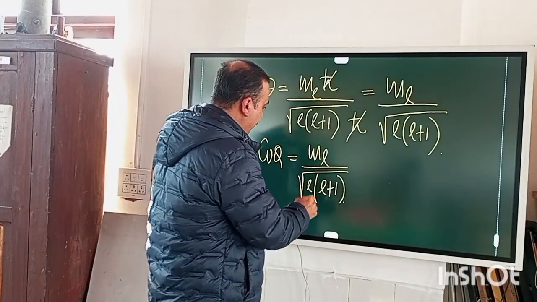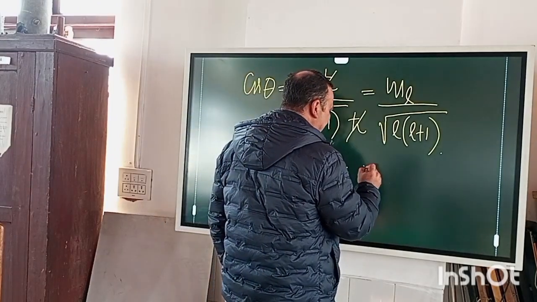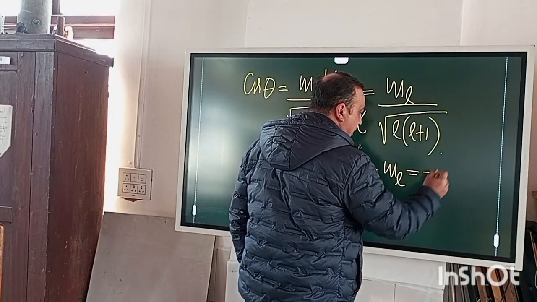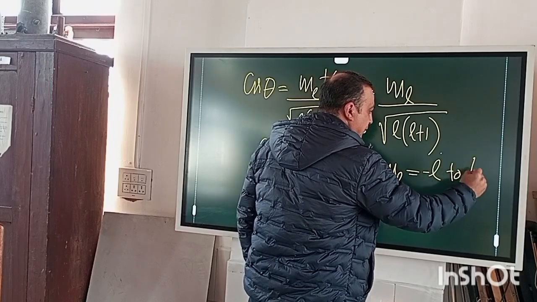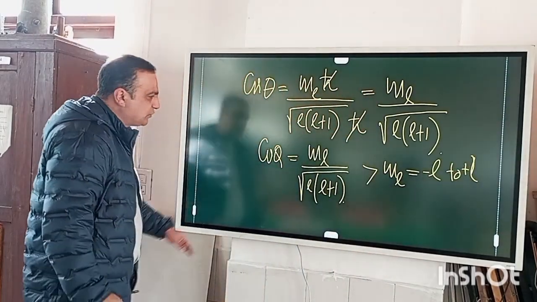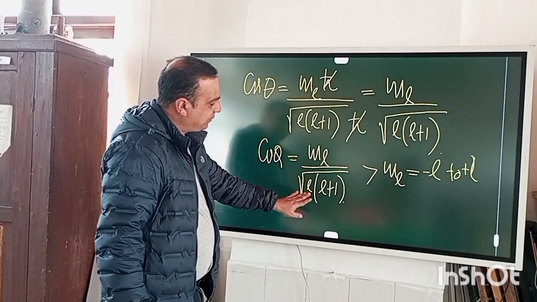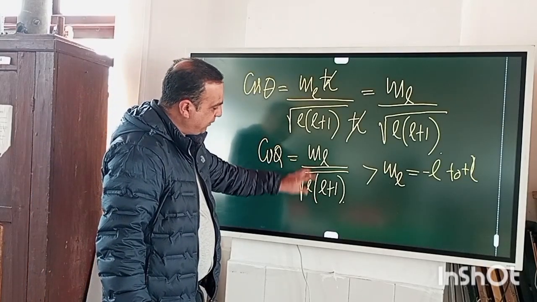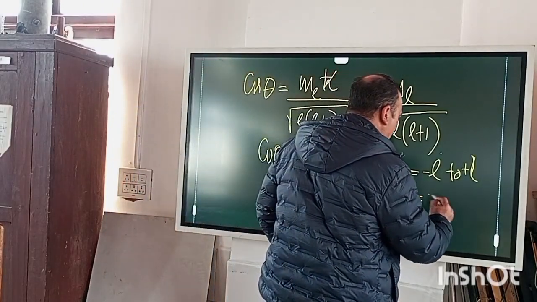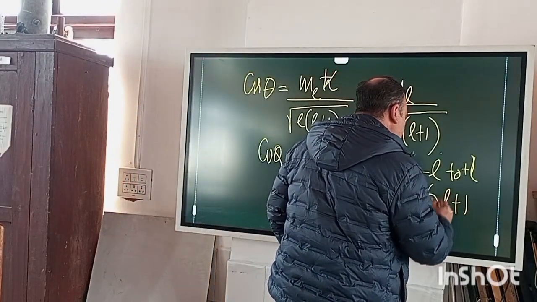Now, from the m_l point of view, we will have m_l ranging from minus l to plus l. We will have this many values for a particular l. So for a particular l, I will have 2l plus 1 values of m_l.